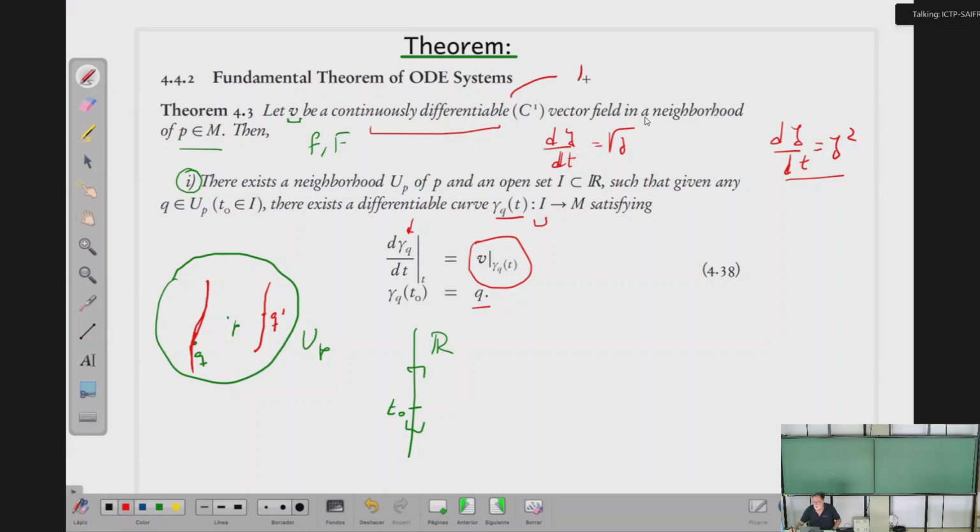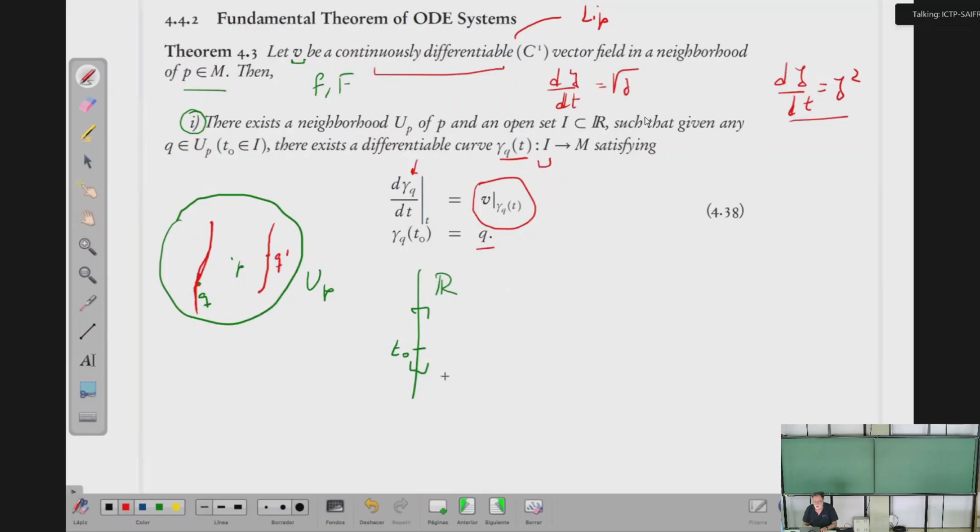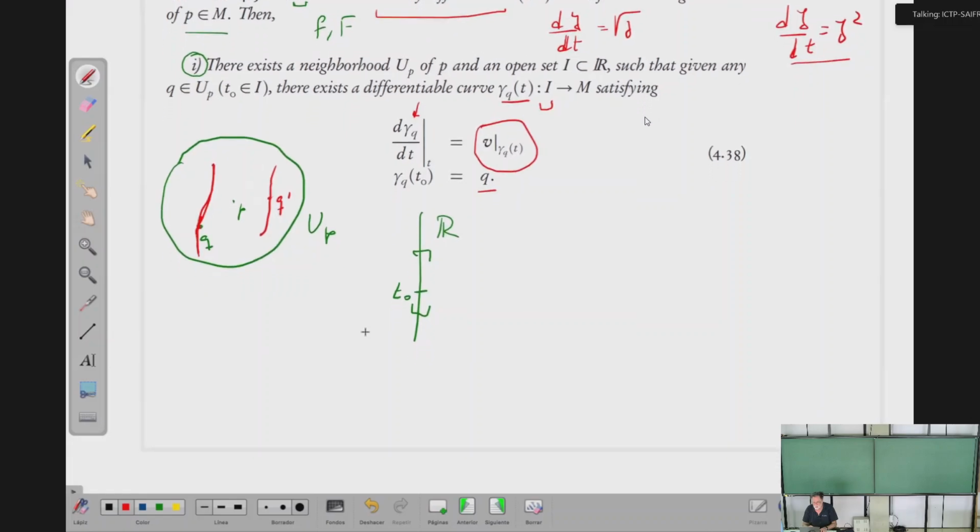Actually, Lipschitz is enough, but we choose to put more. Doesn't matter really. So that's the first point: given any point, we have a whole neighborhood where for every point we take, we have a solution that goes through those points.